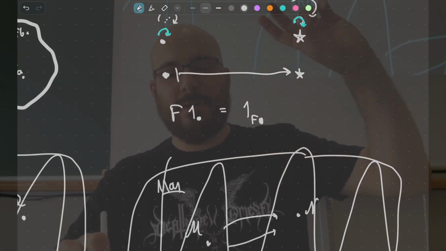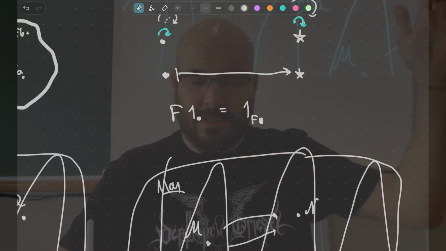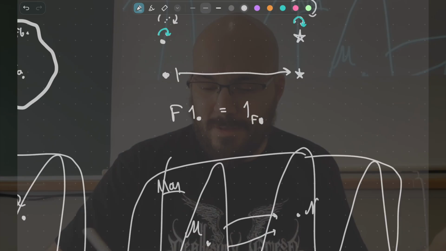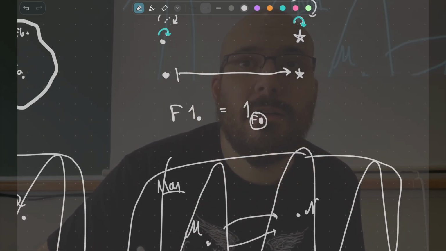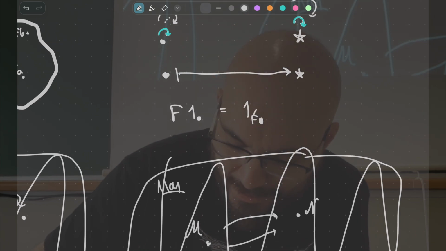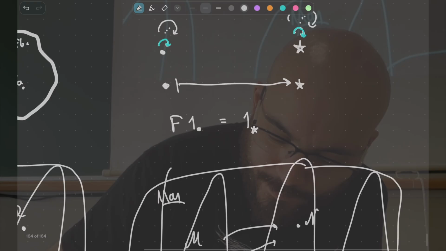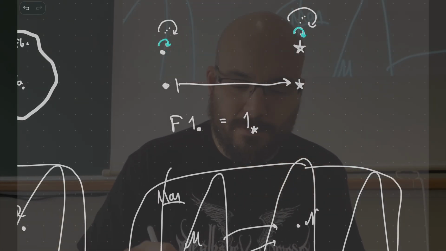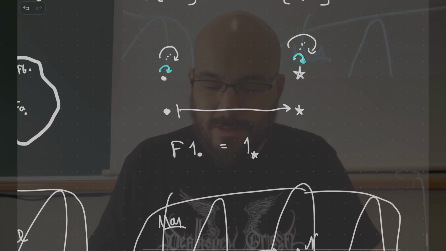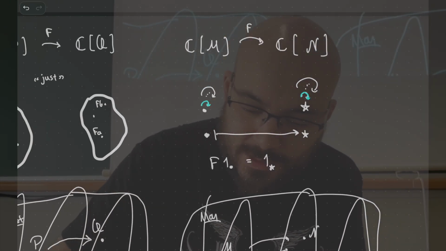So identities commute with functors, let's say, but I know what this thing is. What is this thing? Yes? Star, yes, okay. So I know that the identity here will be mapped to the identity there, and maybe I'm starting to guess what the other law will also translate to.